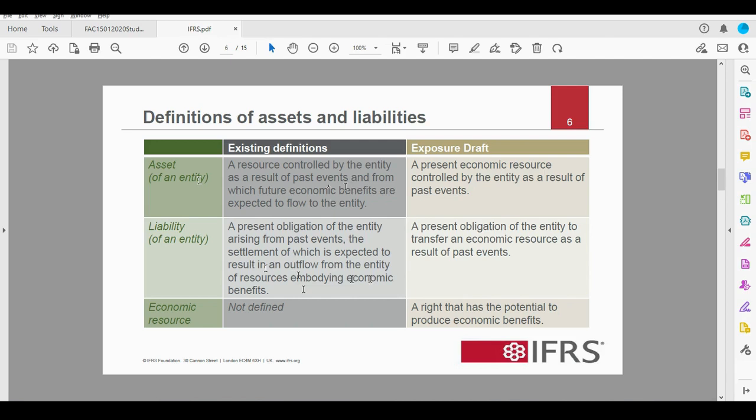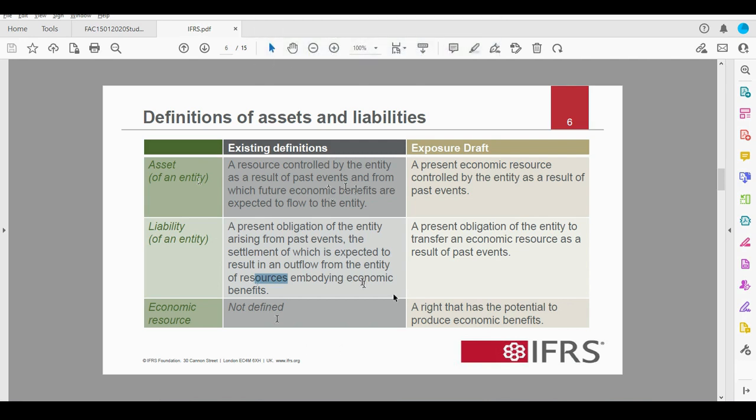It's going to come out of your resources, embodying economic benefit, right? So you need to know this. Have these conditions somewhere close by, because for every transaction, whether it's an asset or liability, you have to come and test it through this definition.